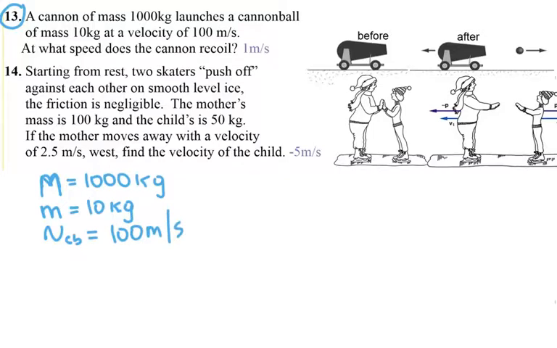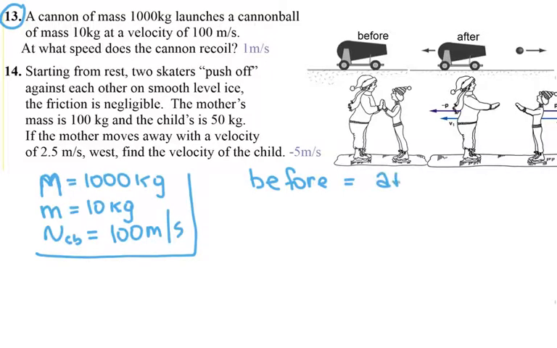At what speed does the cannon recoil? So I have to think about before and after. Every time there is a collision happening, one is moving in one direction and the other one is moving in the other direction.